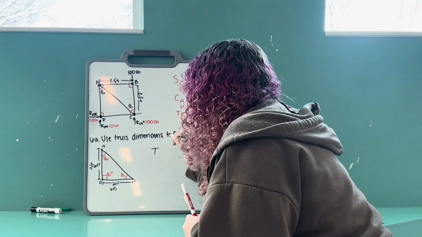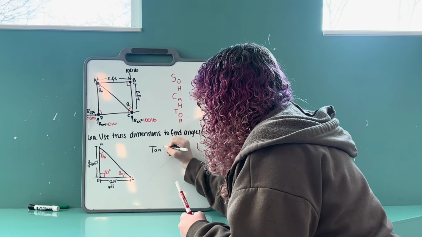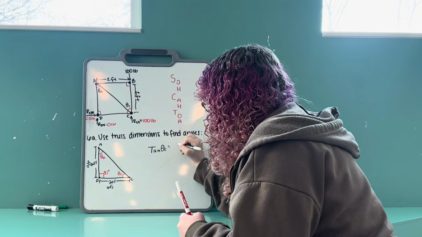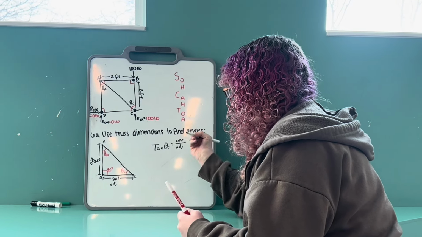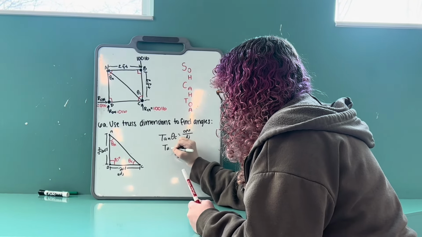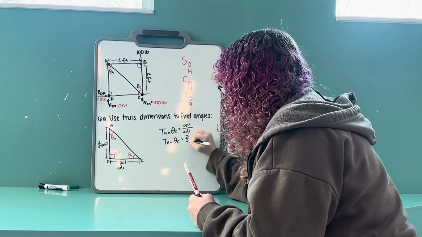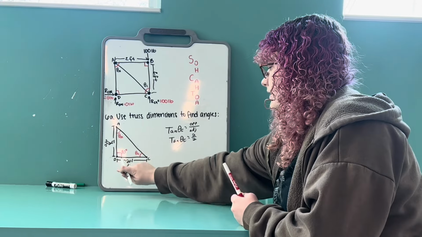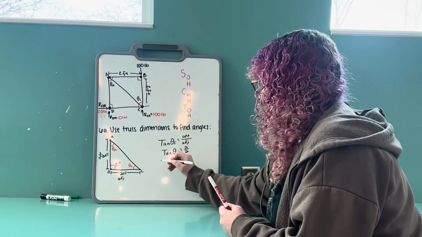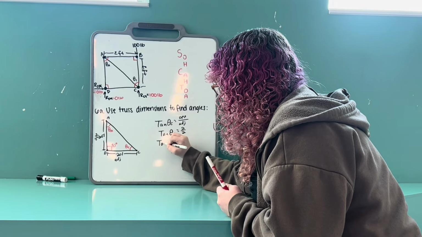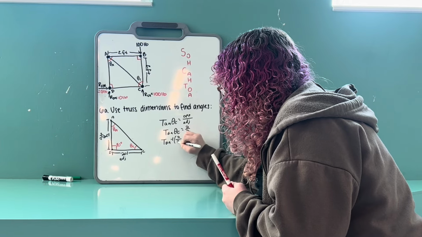For tangent, it's opposite over adjacent, from SOHCAHTOA. So tangent theta C is equal to opposite over adjacent, and if we plug our numbers in, it's tangent theta C equals 2 over 2, because our dimensions are 2 feet. Since we don't know the angle, this becomes inverse tangent, or tangent to the negative 1, of 2 over 2, which is equal to 1.